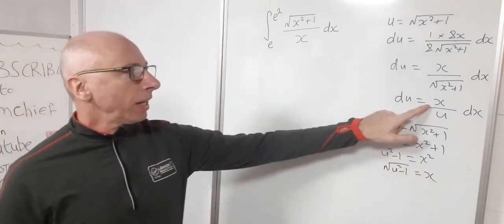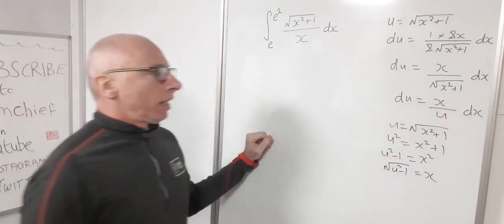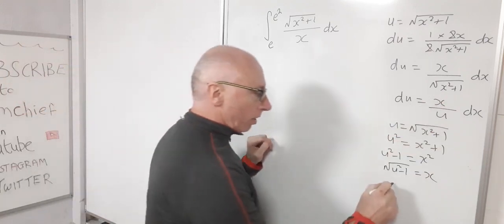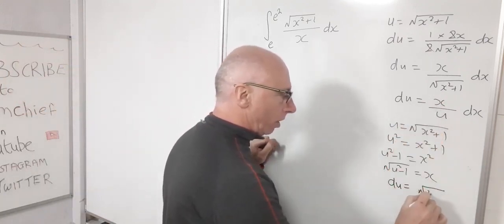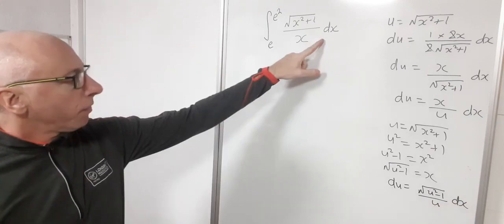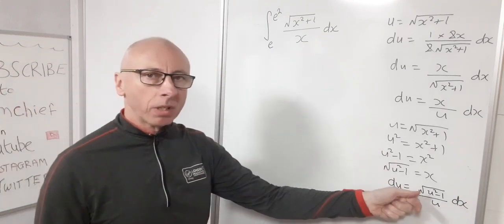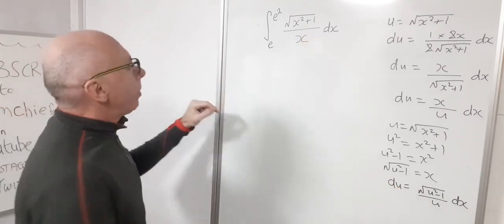So then we could put that in there in our numerator. So now du equals the square root of u squared minus 1 over u dx. When we substitute in for our dx, we'll just take the reciprocal of that and plug that into our integrand.